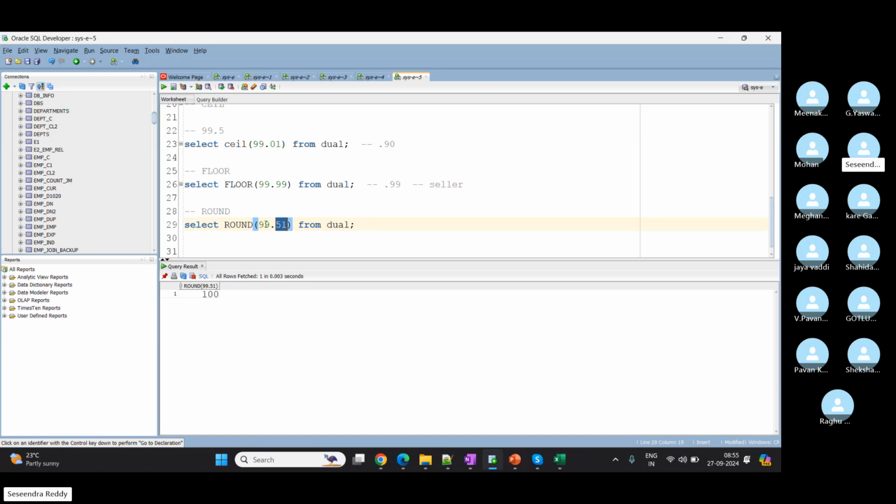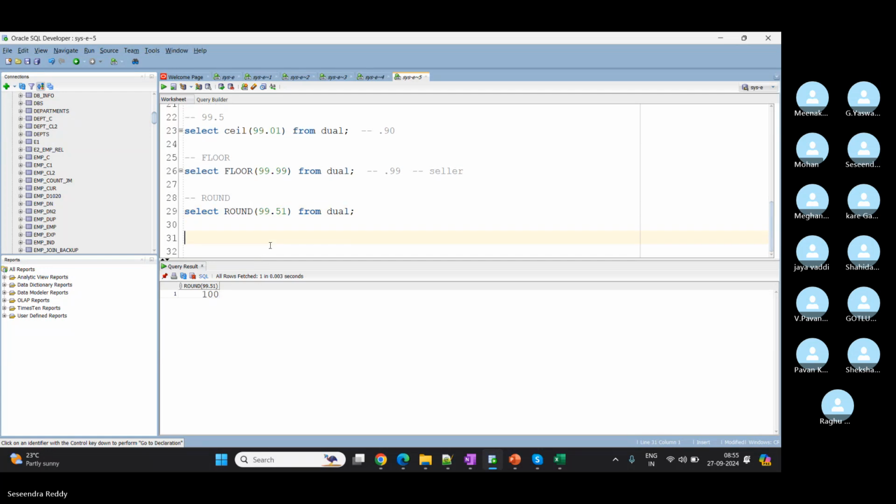In this case, both customer and seller will be happy, because they only need to pay about 40 paisa extra, right? Since the seller side amount is more, if they round to the lowest value, the seller will lose, and if they round to the highest value, the buyer will lose. So if we use round, depending on the decimal value, it will round either to the highest or to the lowest.